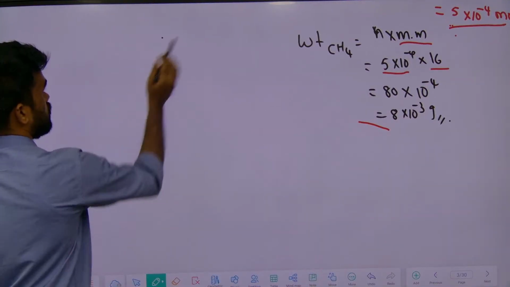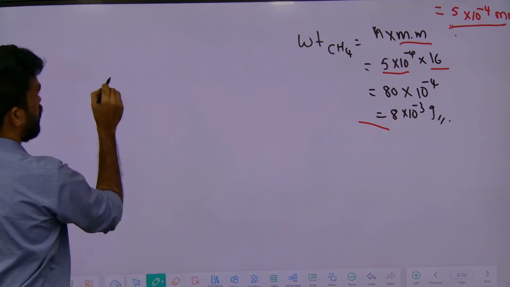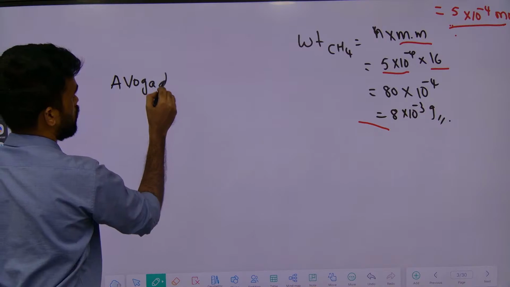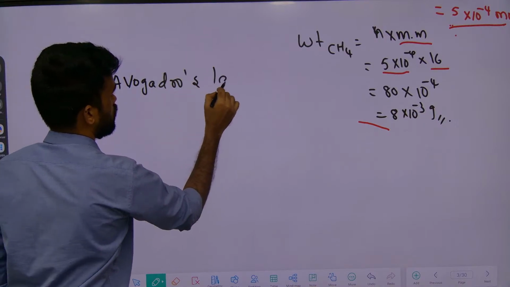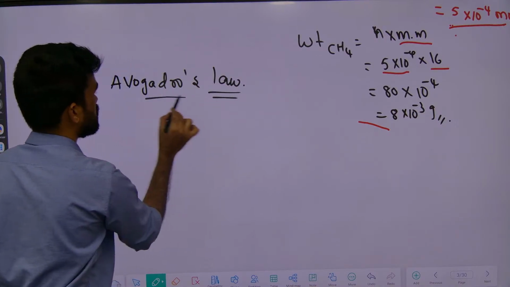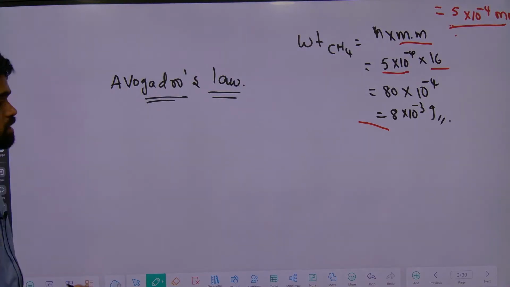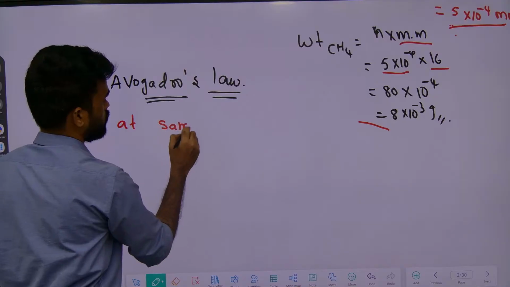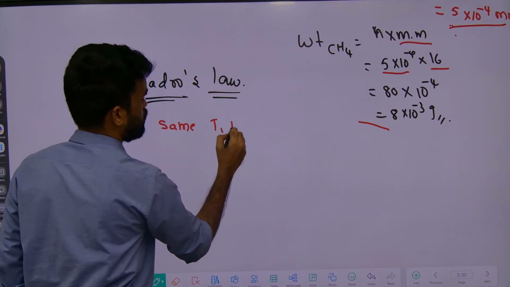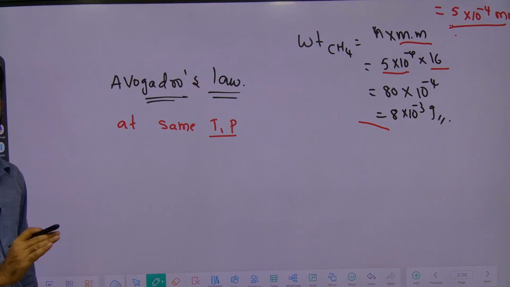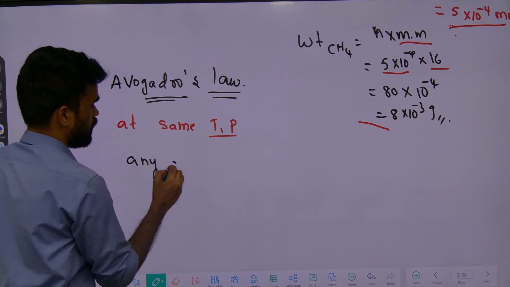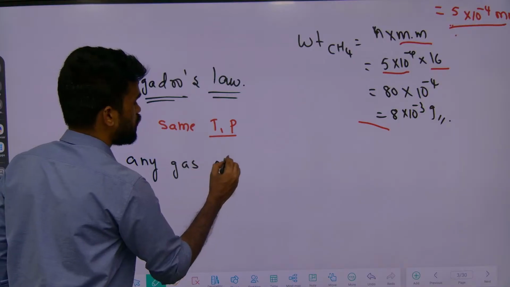Next, there is something called Avogadro's law, or Avogadro's hypothesis. So what he found is, at same temperature and pressure, any gas of equal volumes.